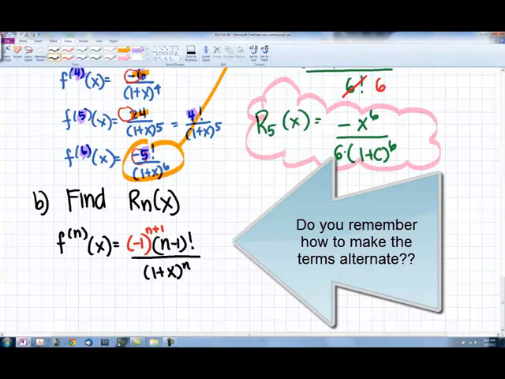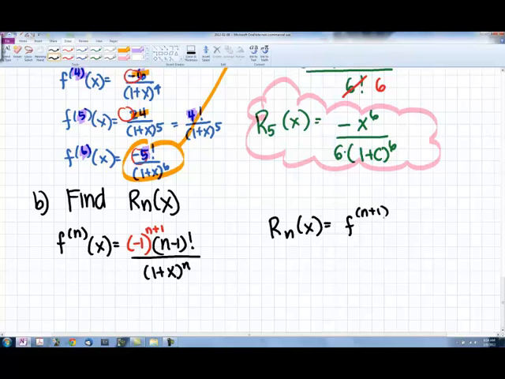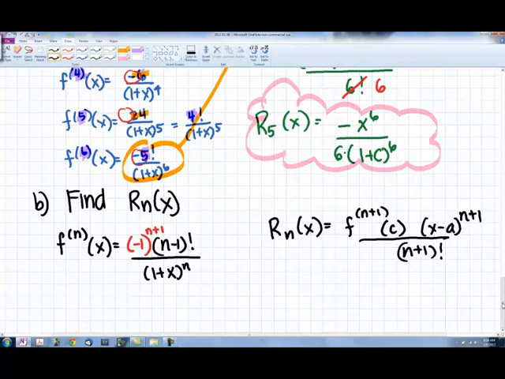And my remainder always comes from the n plus 1 derivative, so that means I need to plug in my n plus 1 derivative of f, times x minus a to the n plus 1, over n plus 1 factorial. It's the same thing that we've been calculating above.